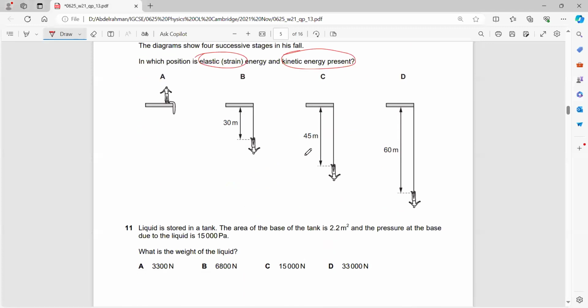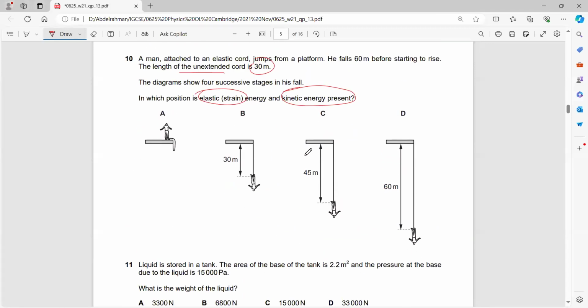10. In which position does he have some elastic energy and some kinetic energy? In A, definitely not. He's not moving yet. In B, he has some kinetic energy, but does he have any elastic energy? Is the cord extended any further than its original length?